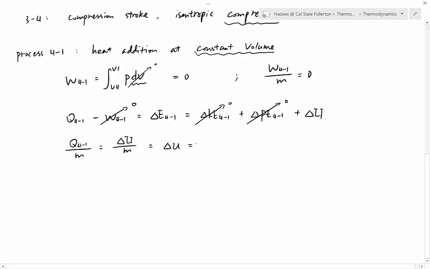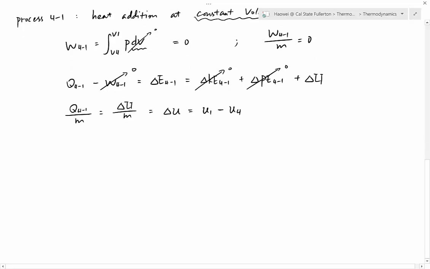Delta means final minus initial. Final is number 1, initial is number 4, since this is process 4 to 1. Okay, so now this is our conclusion. Work 4 to 1 is equal to 0, and heat transfer for 4 to 1 is u1 minus u4. Okay, that's process 4 to 1. Next, we move to process 1 to 2.